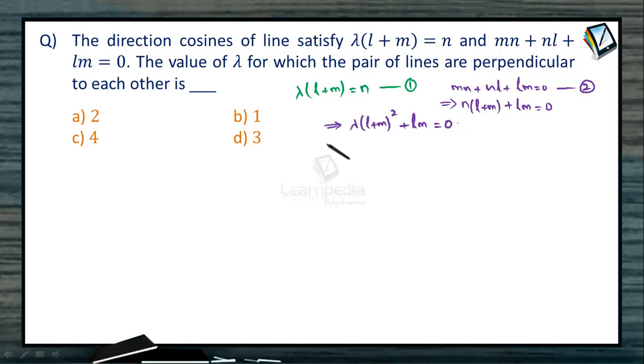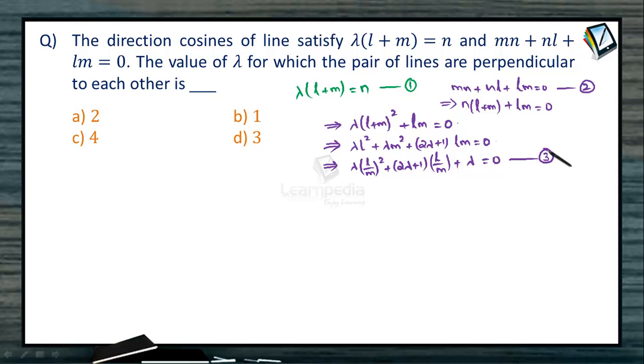Let's convert this into a quadratic equation. That gives us lambda times l square plus lambda times m square plus (2 lambda plus 1) times lm equal to 0. Now, what happens if I divide this equation throughout by m square? Lambda times (l by m) whole square plus (2 lambda plus 1) times (l by m) plus m square by m square, which would be 1, equal to 0.